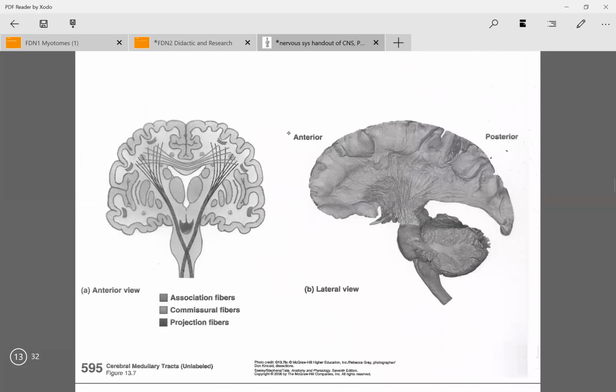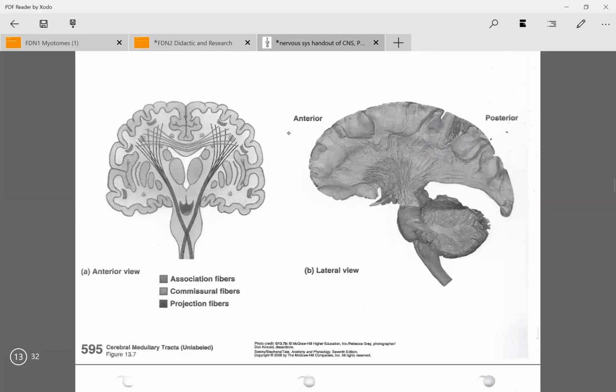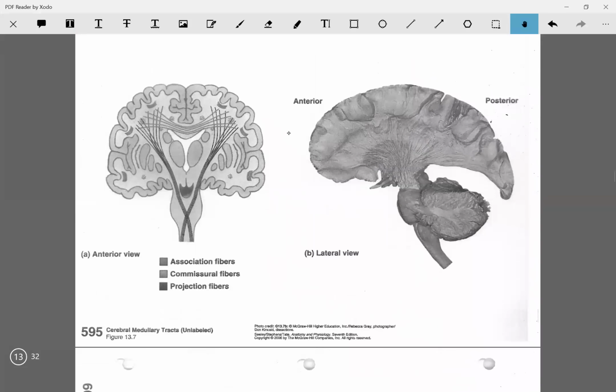All right, this one is the medullary tracts. Okay, so I'm going to highlight some colors or change some colors here.